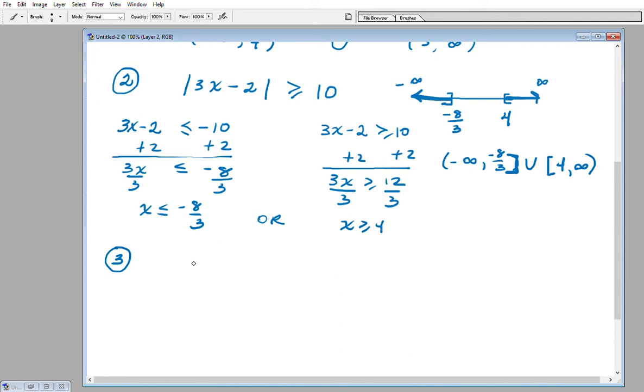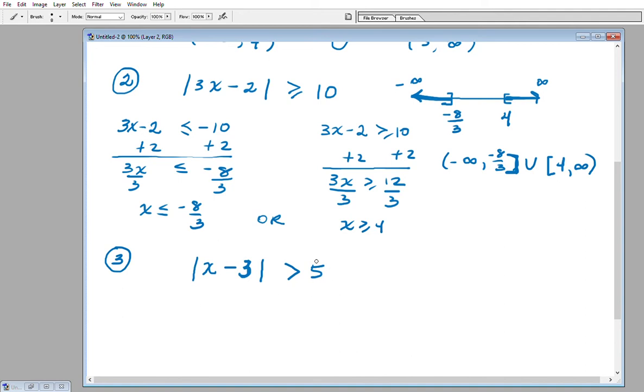Okay, another greater than one. Let's say, let's just do a simple one: absolute value of x minus 3 greater than 5. So we have two sides.